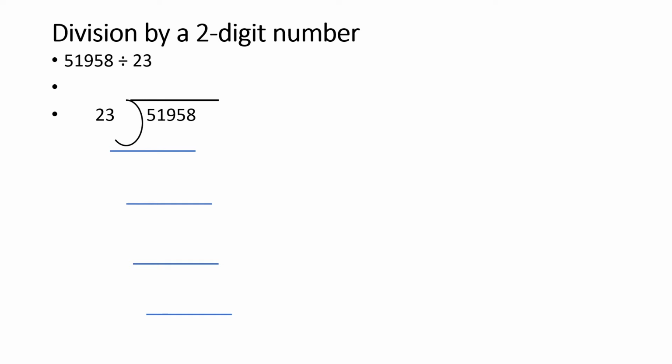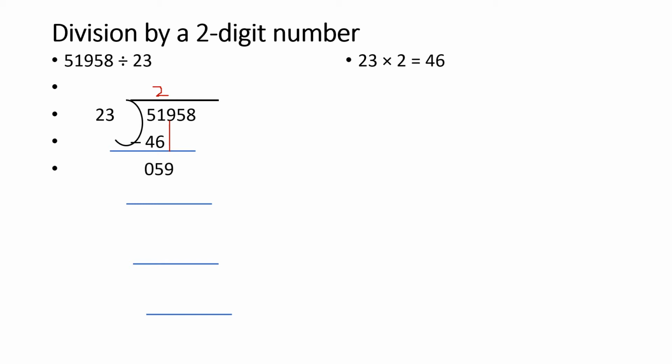It means let us see how many 23 twos are. 23 twos are 46. So here we will write 23 twos are 46, we will subtract it, and we will write down this number 9 here, and our new number will be 59.